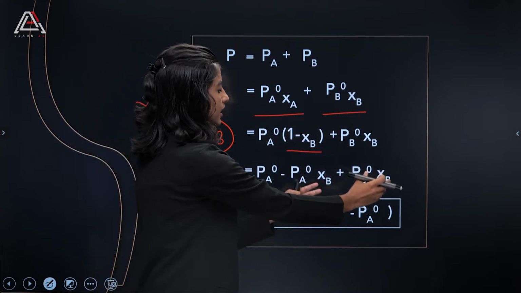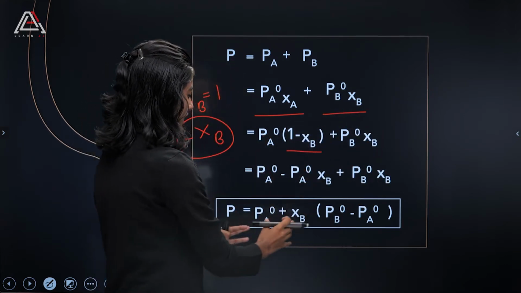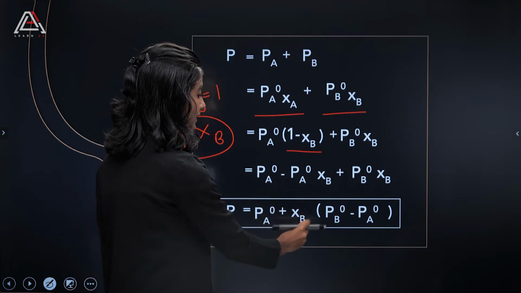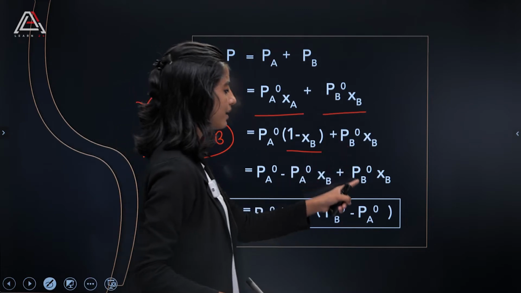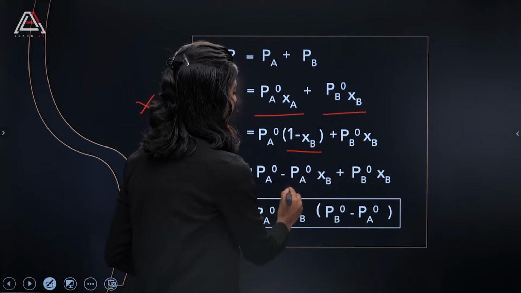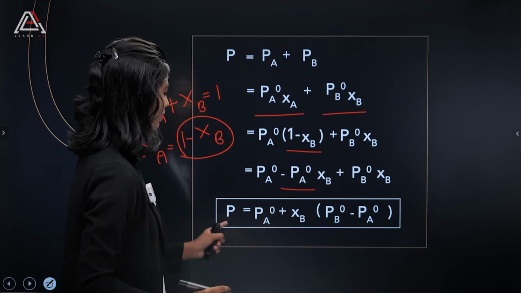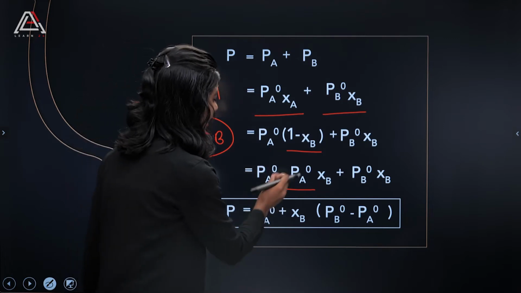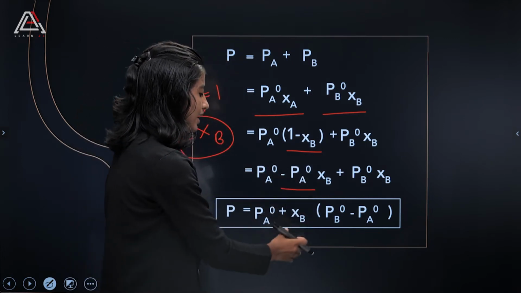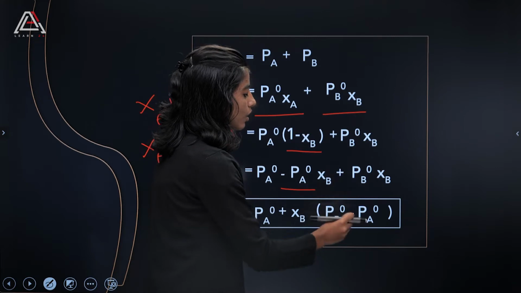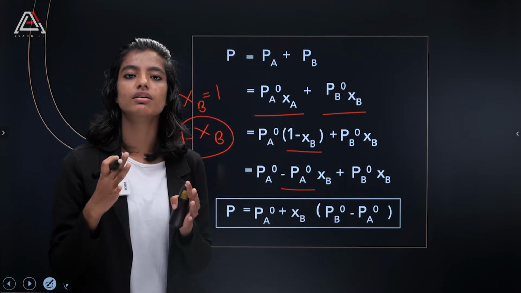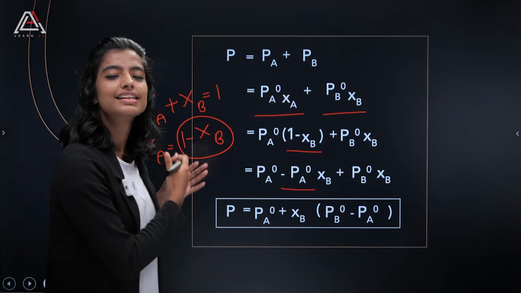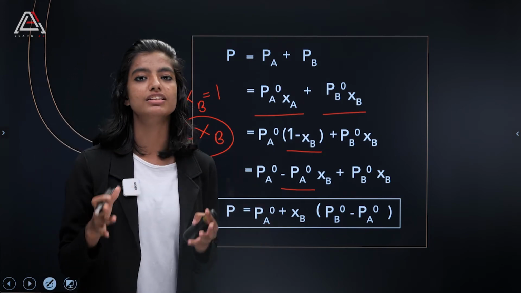That is PA0 plus mole fraction of B into (PB0 minus PA0). So I got P total is equal to PA0 plus mole fraction of B into (PB0 minus PA0). This is the equation for Raoult's law. Don't forget it.